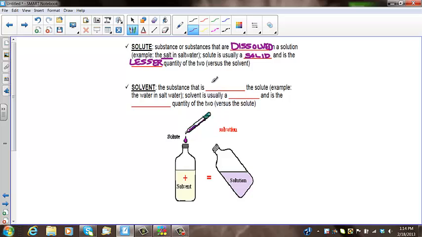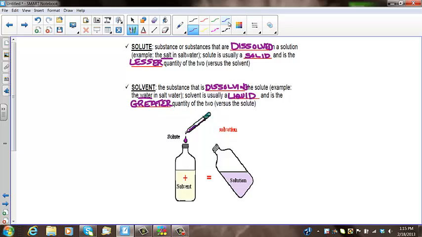The solvent is the substance that is dissolving the solute. So again, using the same example of salt water, it's the water in the salt water. The solvent is usually a liquid and is usually the greater quantity of the two items being mixed.